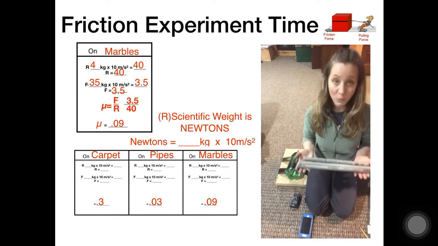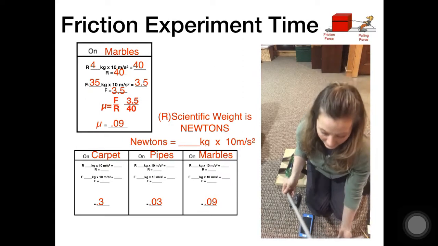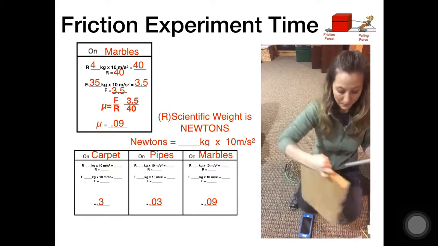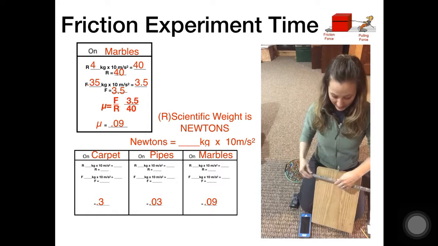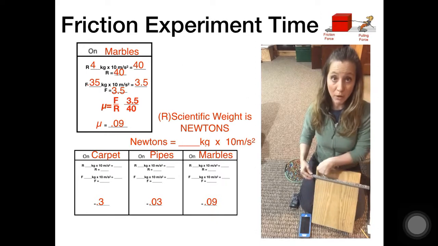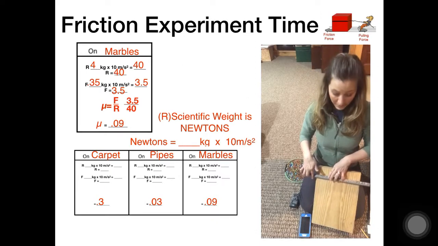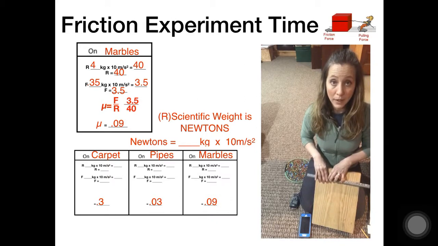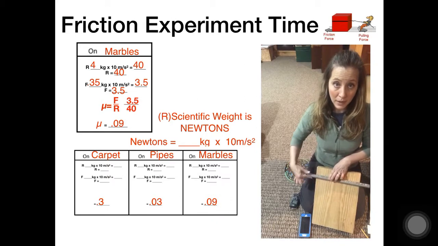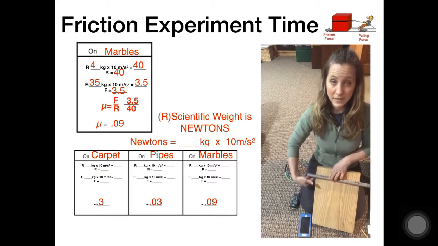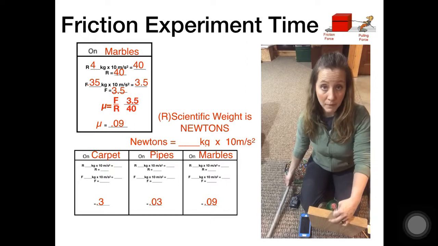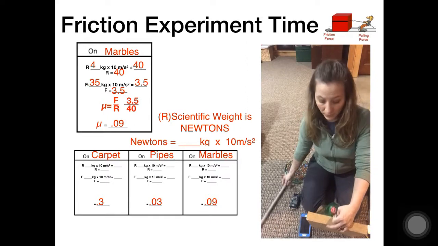coefficient of static friction, the reason the pipe is the least is because when the pipe lays on the board, okay, it has just this one small line that it's touching the board and one small line that it's touching the floor. Okay, it's not rubbing on anything other than this line and this line. And it had the 3 pipes, so it had the 3 lines and 3 lines.